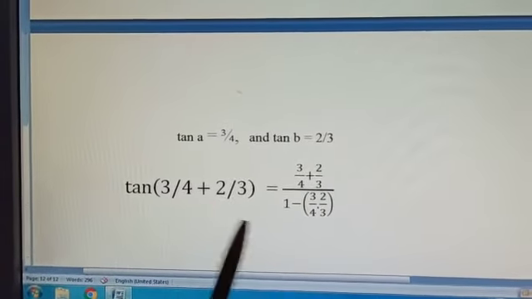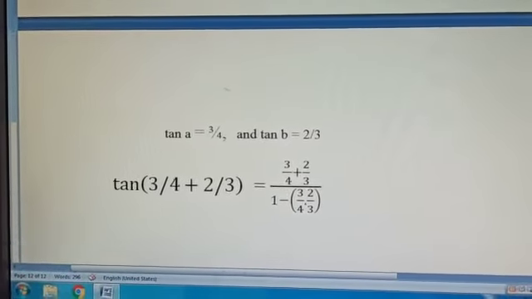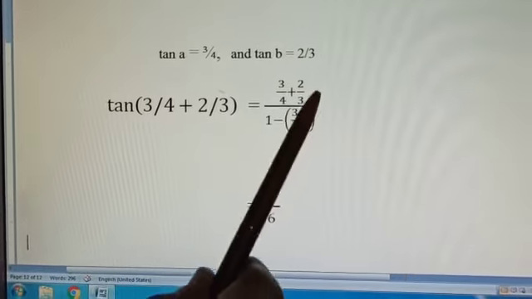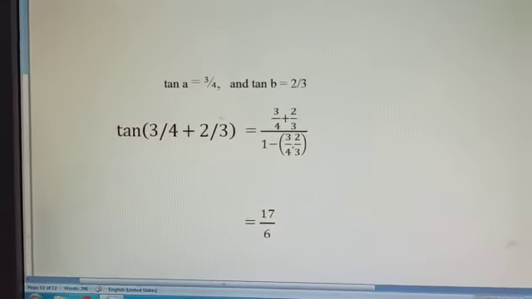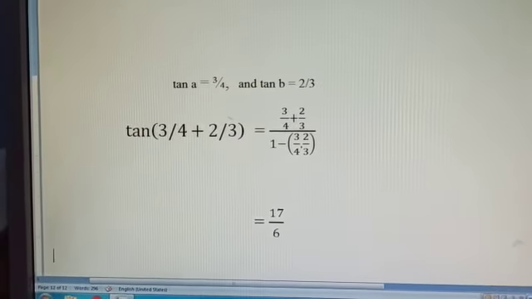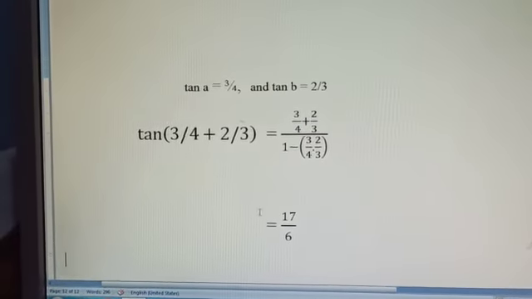On substituting these values and simplifying, you will get 17 divided by 6.